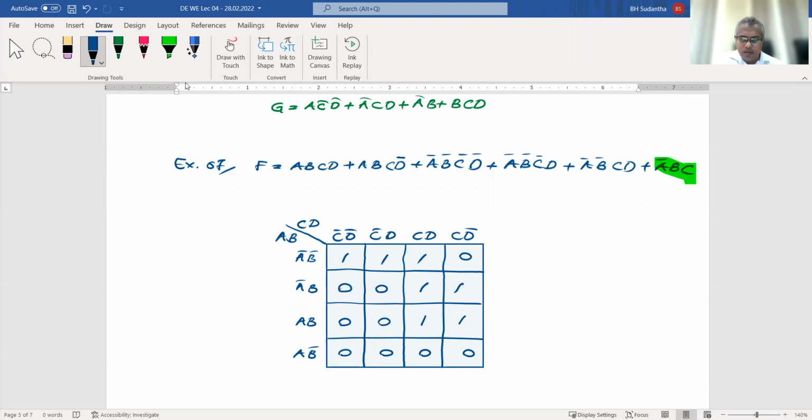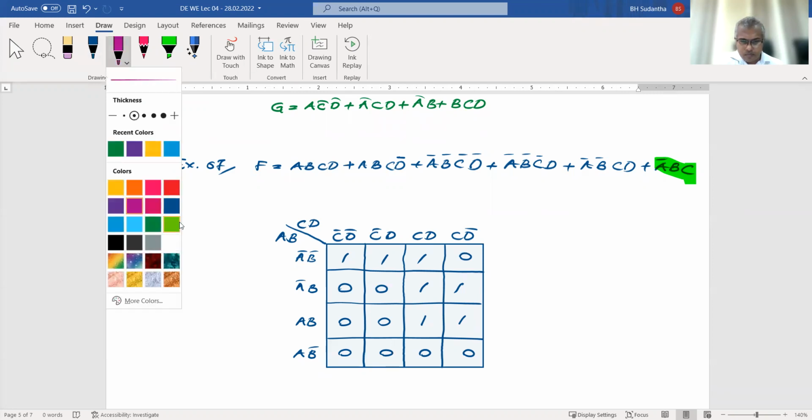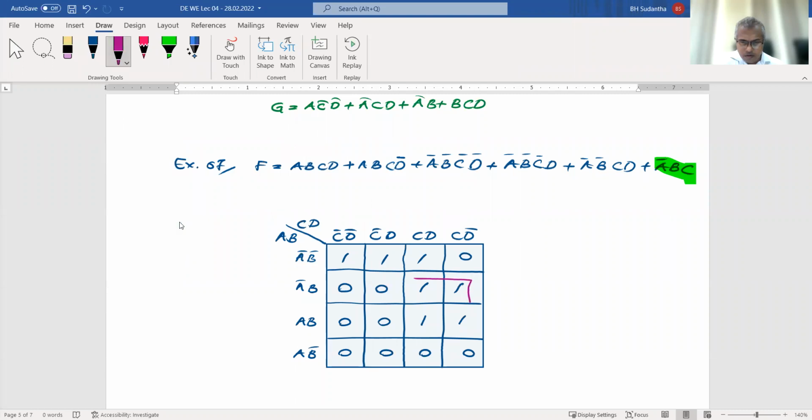Then how can we make a group? You can see this one and make this one. What is this?